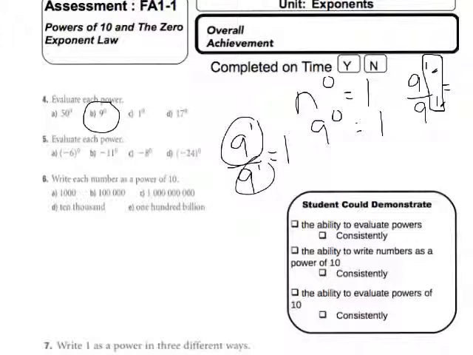So 9 to the power of 1 divided by 9 to the power of 1 gives 9 to the power of 0, because 1 minus 1 is 0. And if 9 to the power of 1 divided by 9 to the power of 1 equals 1 here, it also must equal 1 here. So for anything raised to the power of 0, you're always going to get 1.